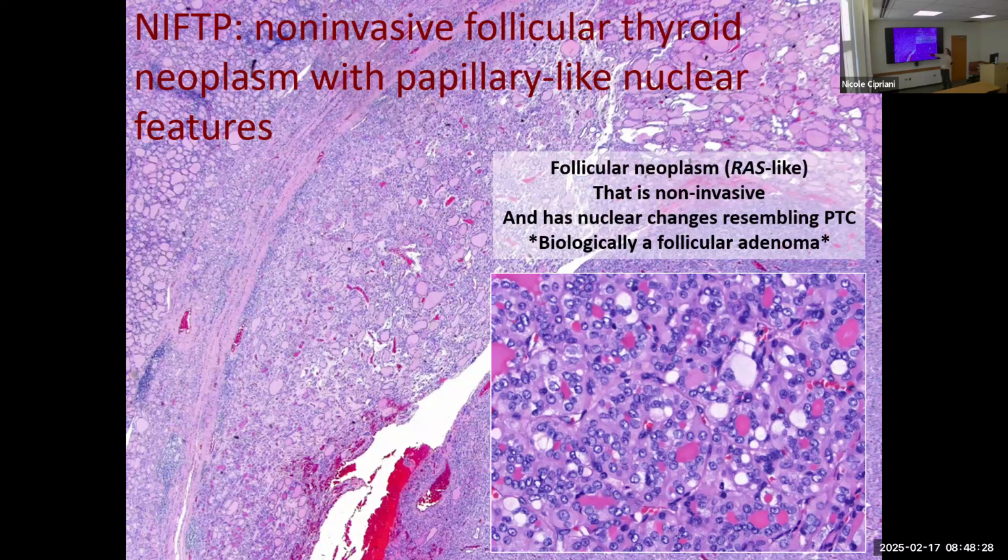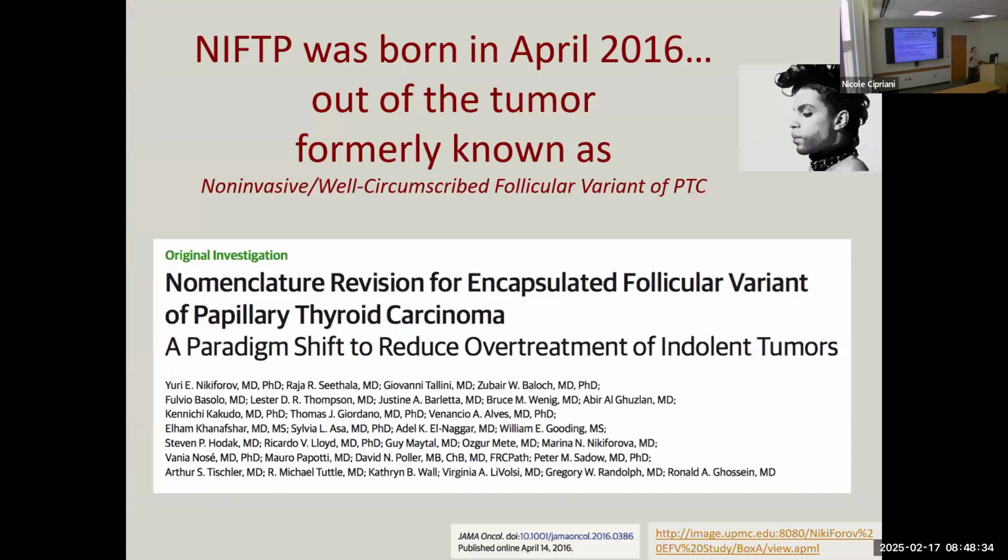The only thing that makes it different from a follicular adenoma is that it has these funny looking nuclear features. And so I want to talk you a little bit through the history of NIFTP, because I think when you go out and practice, people's opinions are going to be all over the place. But if I can make you believe in my opinion, then maybe we're getting somewhere.